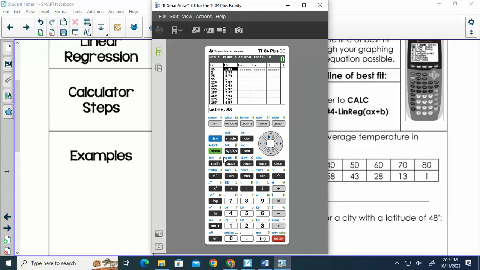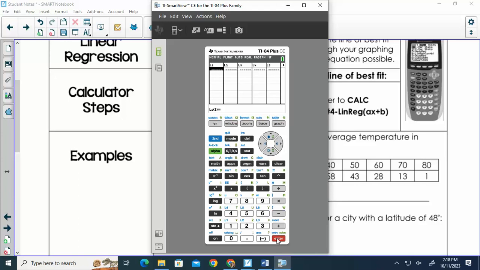What I want you to do, if you have numbers entered in here, is use your up arrow to go to the title, L1, L2, and push clear, enter. It will clear everything out of that whole list. Don't use delete, just clear. So now I'm going to go over to L1, clear, enter. So we should all have a blank looking table like this. Does everybody have that?